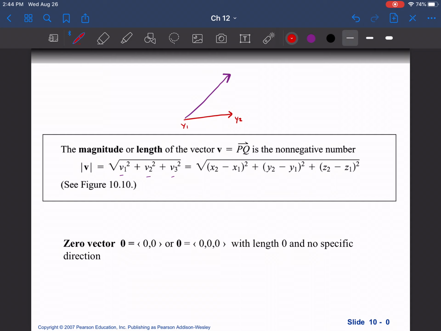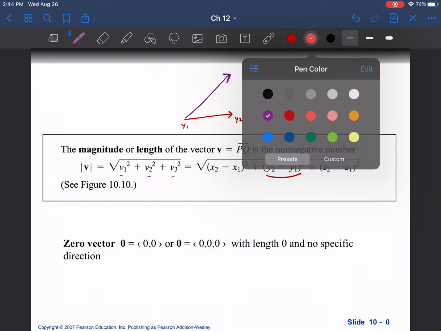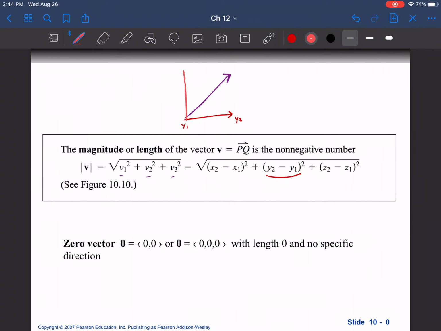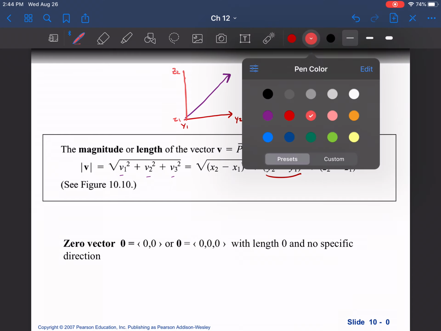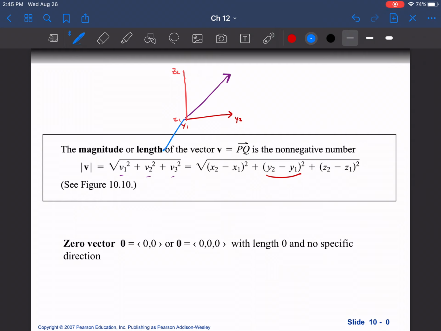This would be y2 minus y1, and the length of that is this. Then we'd have a z direction component, z2 minus z1, and then there'd be an x part to it as well, sticking out this way, from x1 out to x2, wherever it is.